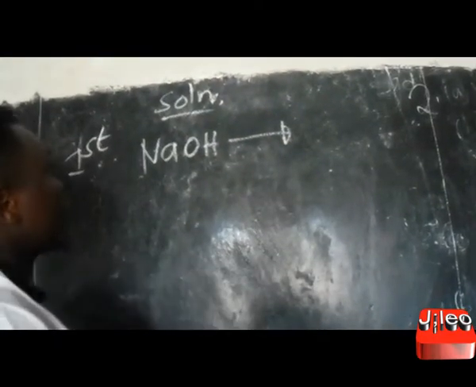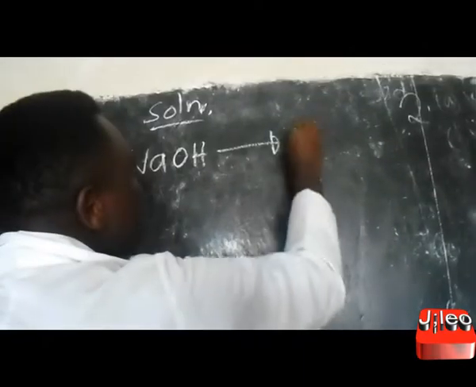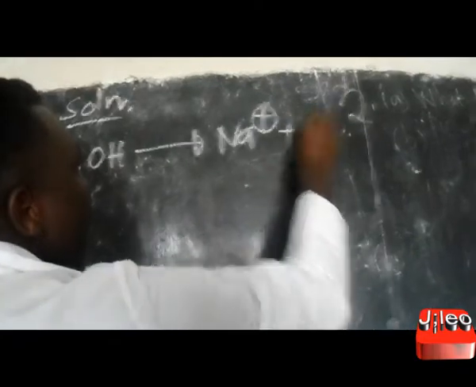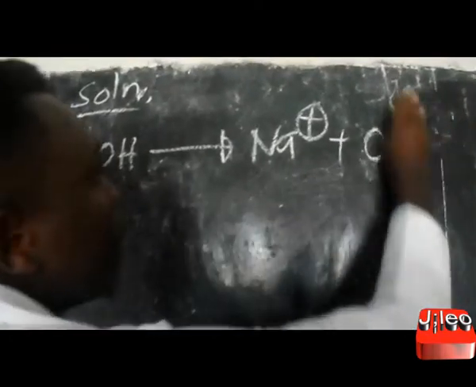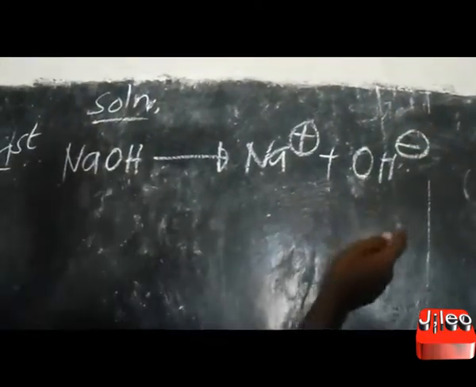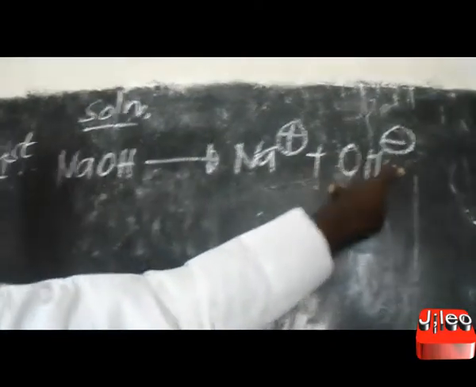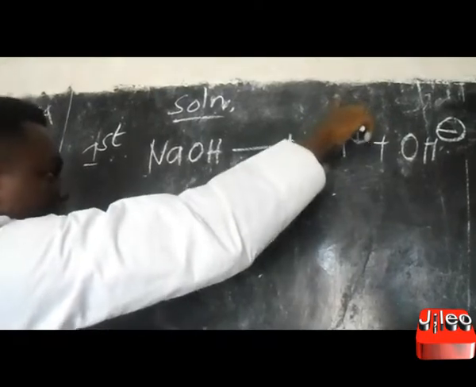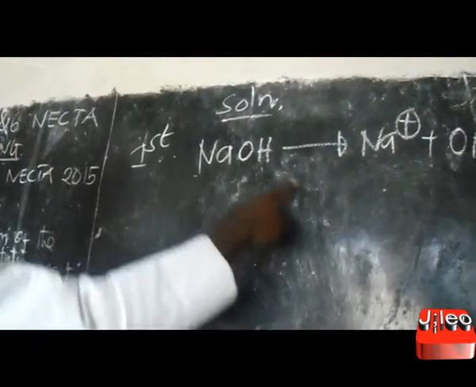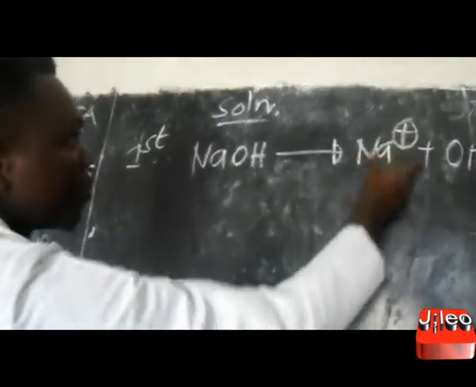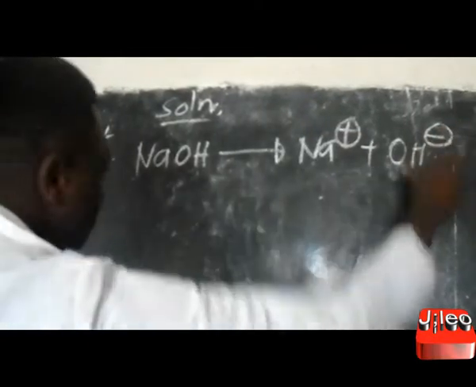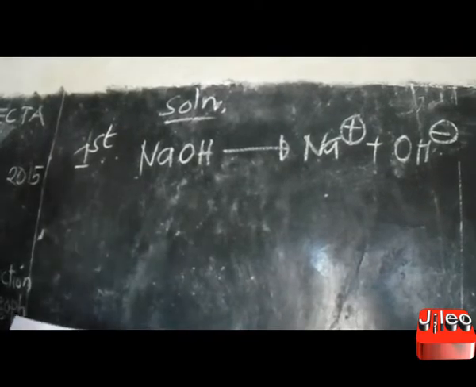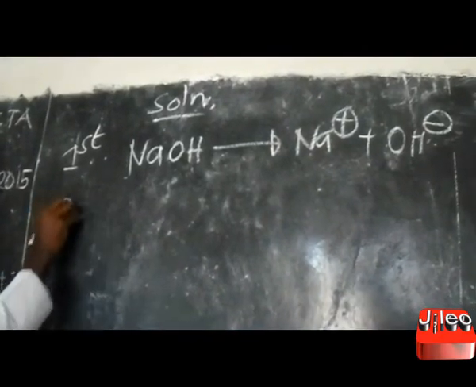The ions we are going to have are sodium ions plus hydroxyl ions. This is a nucleophile, and this is the electrophile. After getting these ions, the positive ion and the negative ion, this is the first step during the mechanism. Then it comes to the second step.